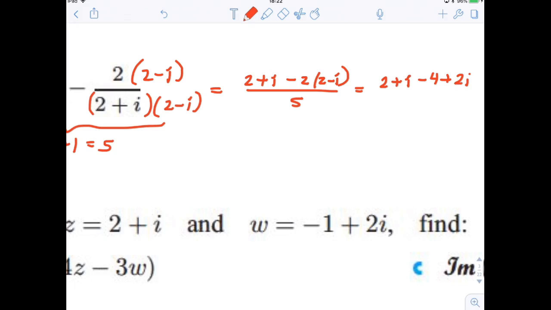Divide by 5. And so I'm going to combine like terms. So negative 2 plus 3i, and each of those terms is divided by 5.